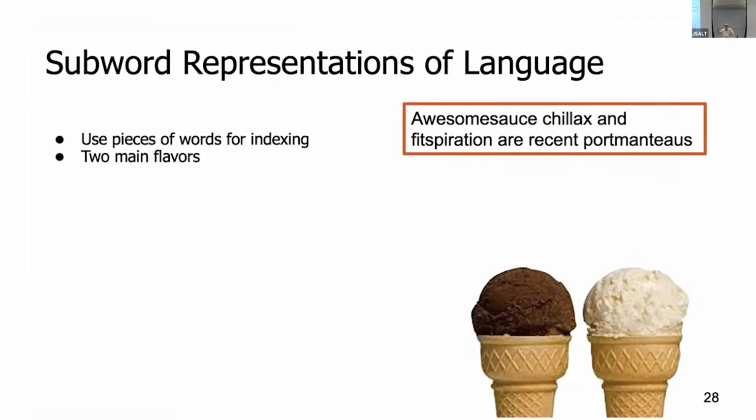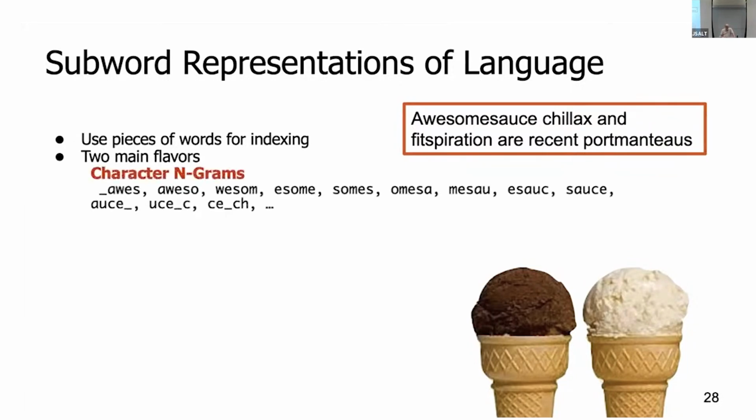There are two main ways to do that. The old way is called character n-grams. In character n-grams, you pick some n, like 5, and you chop your text up into overlapping sequences of 5 characters. So this is the start of the character 5-gram tokenization for this text: blank AWES, AWESO, WESOM, and so on.